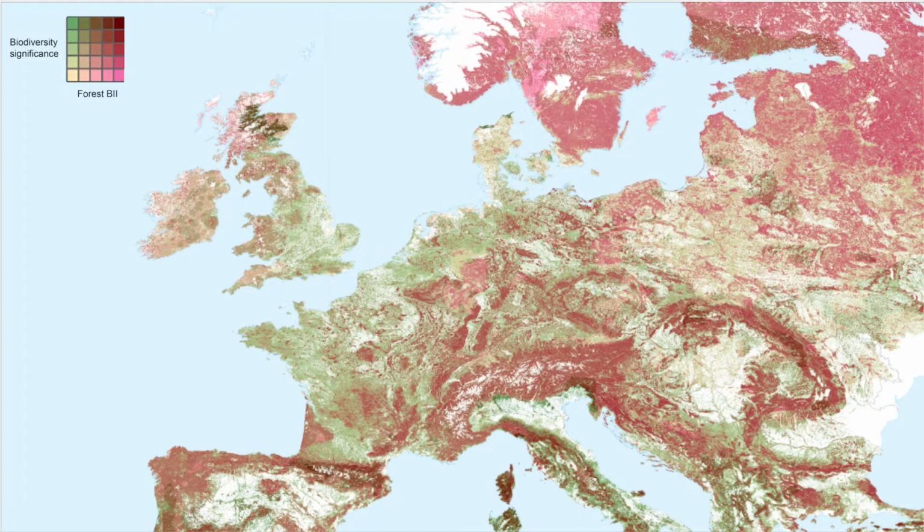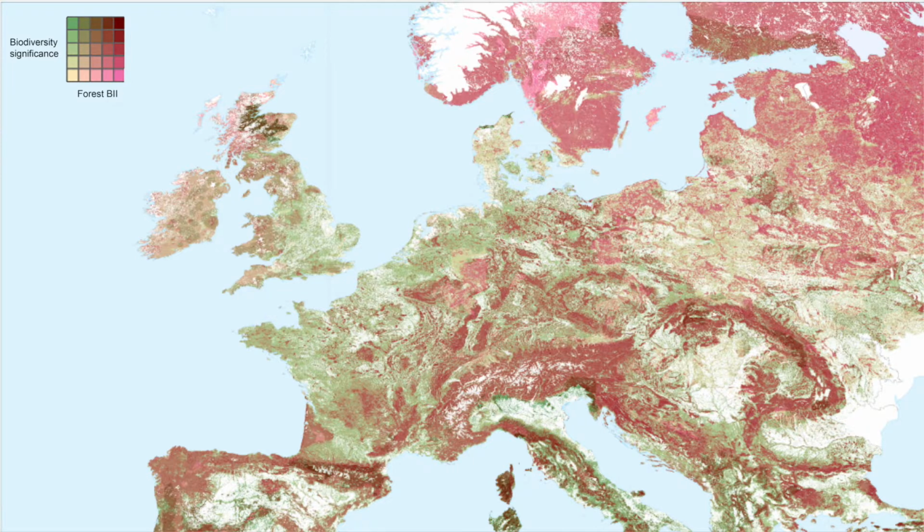So I've brought in a close-up of what you see in terms of the mapping for Europe. And you can see the green areas as biodiversity is significant, pink is intactness, and if you get a dark red color, then you strike both counts.